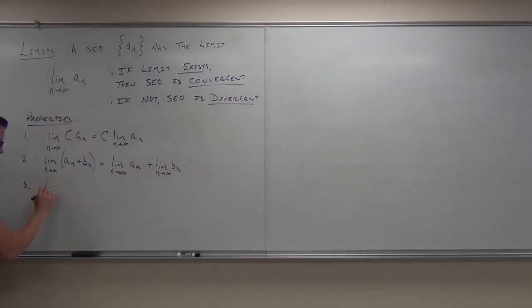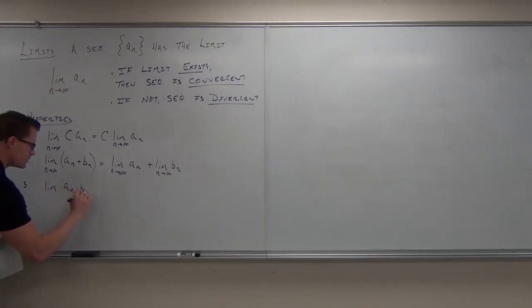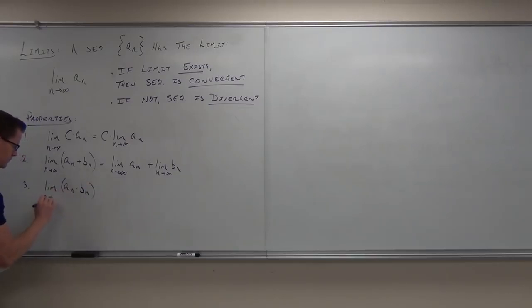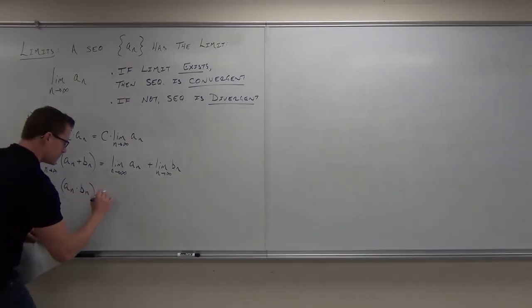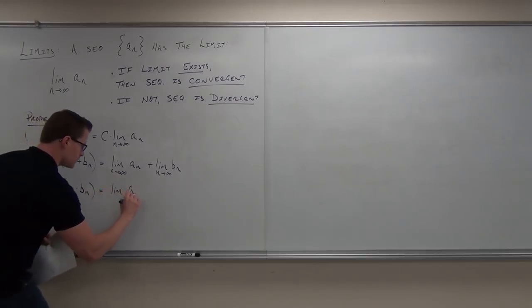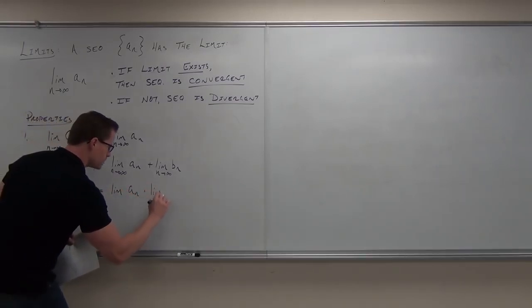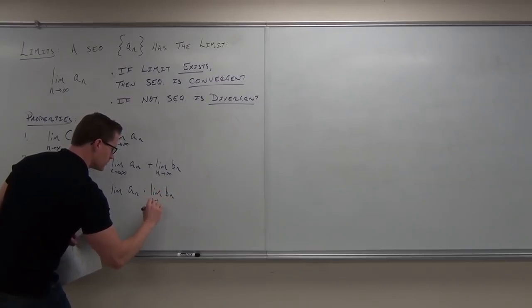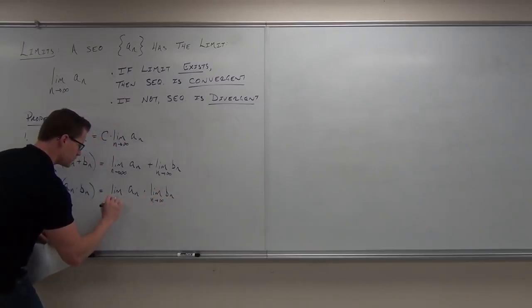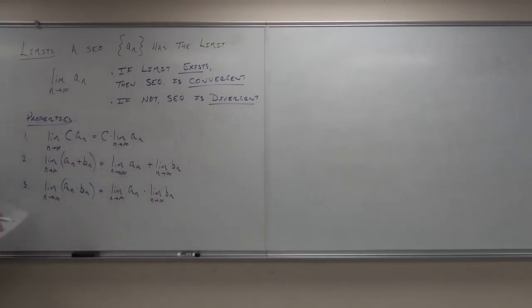Number 3 says, likewise, we can also separate limits by multiplication. Well, if we can separate limits by multiplication, then we can probably separate limits by division. And we sure enough can.